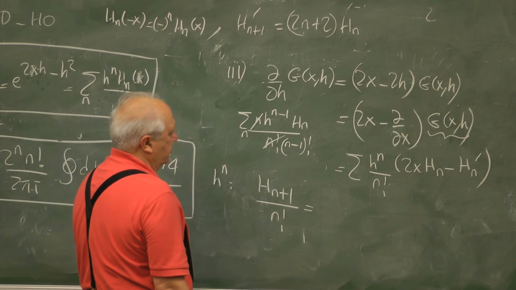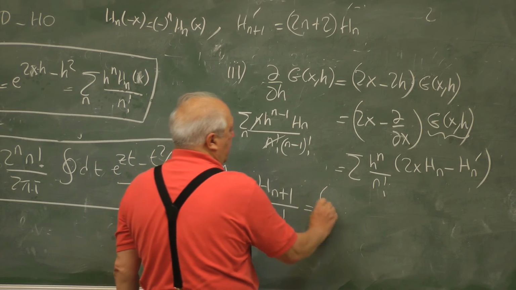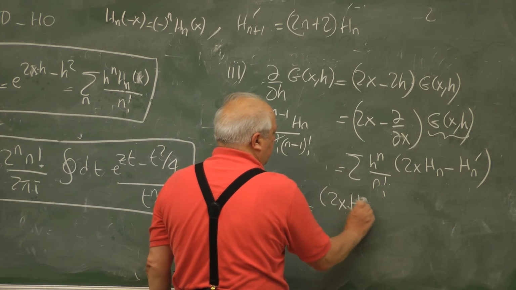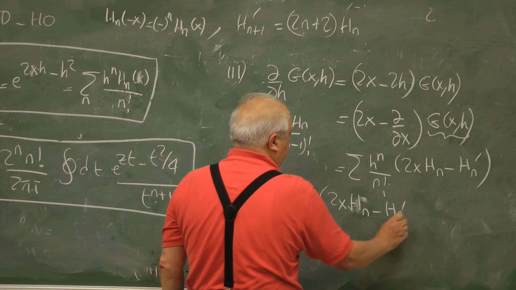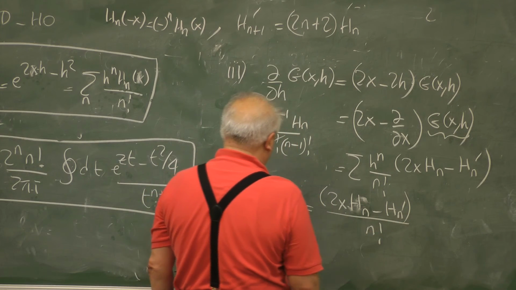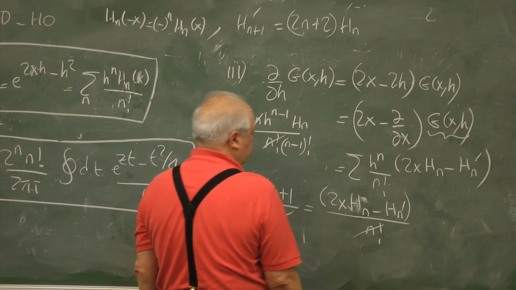That's equal to 2x Hn minus Hn prime over n factorial. So n factorial is cancelled.